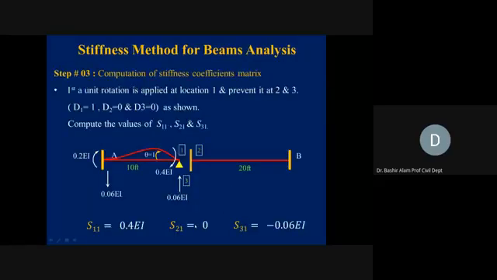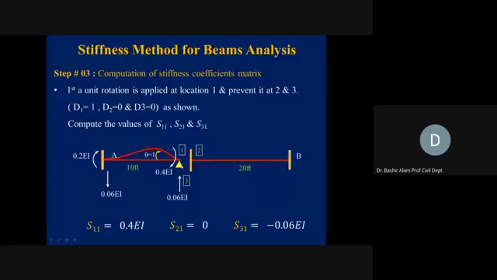Next, we go to the generation of the stiffness coefficient matrix. First, a unit rotation is applied at location 1, and we prevent rotations at 2 and 3. That is, D1 is equal to 1, and D2 and D3 we put equal to 0. This way we generate the first column of the stiffness matrix, which will be S11, S21, and S31.